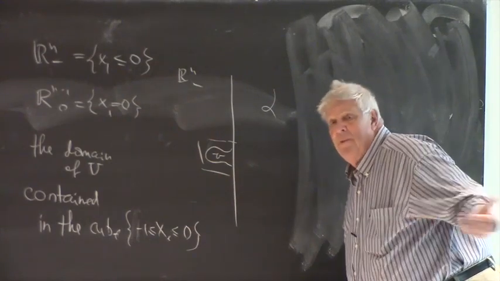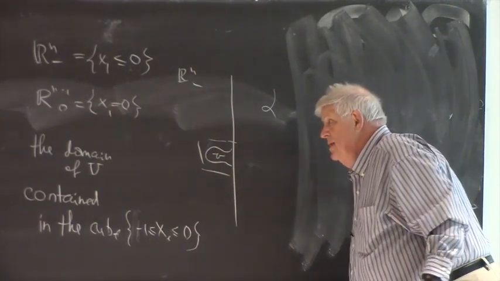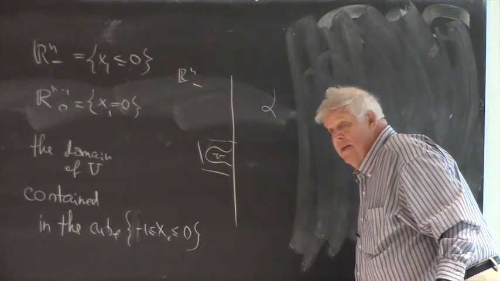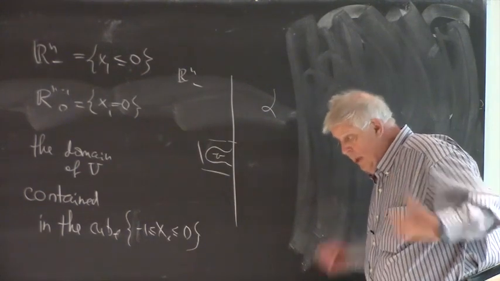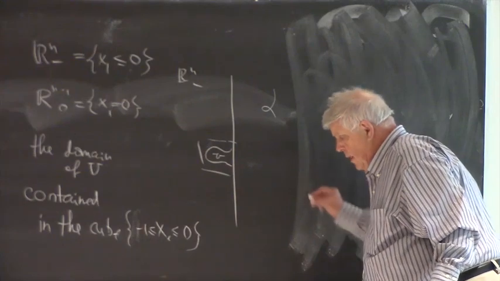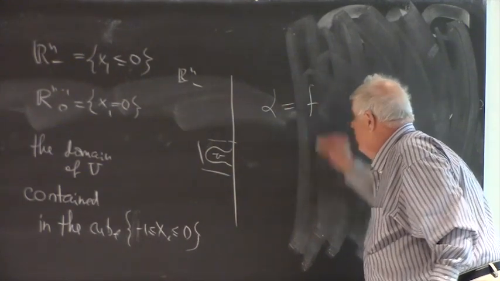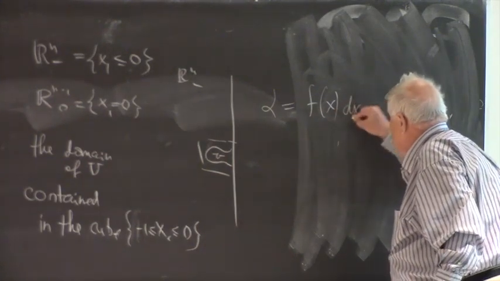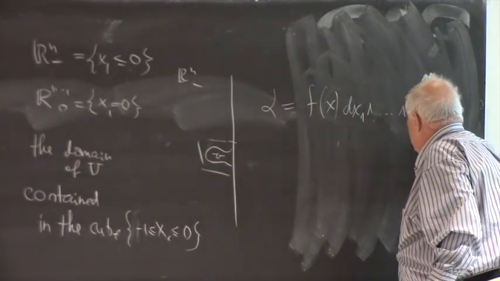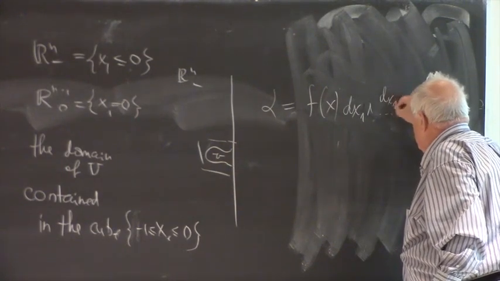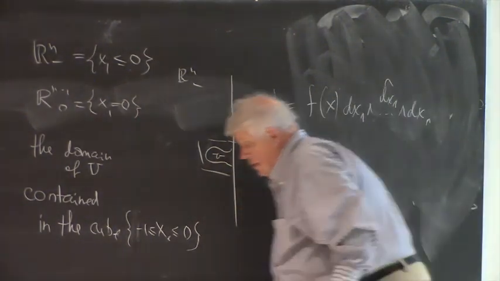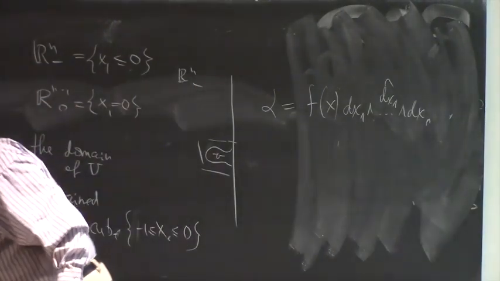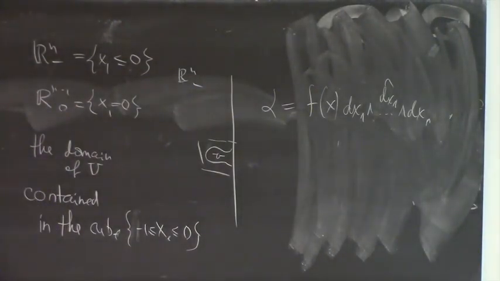It is the sum of monomials, and since my equality is linear, I can assume that this is just one monomial. This one monomial is f, function of all x's, times all the differentials of the coordinates with one coordinate omitted.